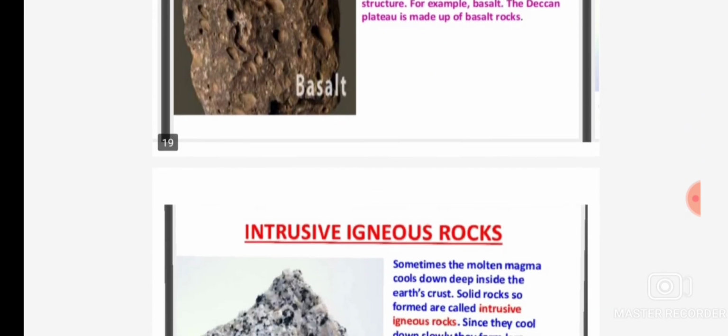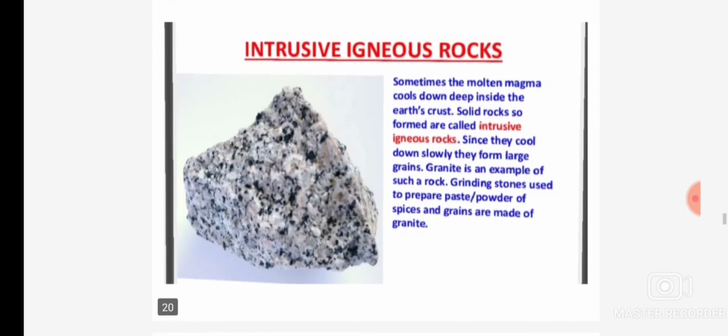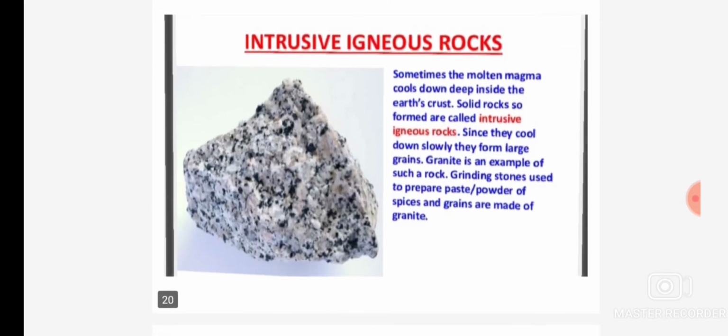rocks. Another type of igneous rocks is intrusive igneous rocks. How are these rocks formed? These rocks are formed just below the crust. When the hot molten magma cools down below the crust without coming out of it and slowly gets converted into rocks, that rock is known as intrusive igneous rock.